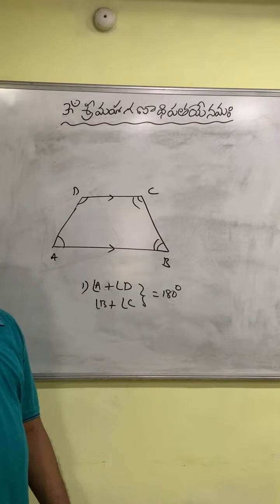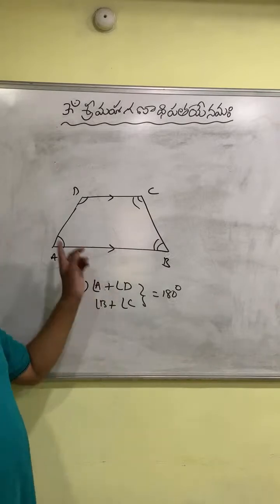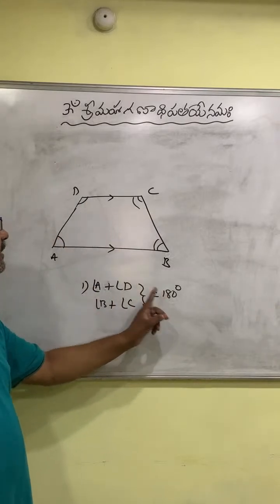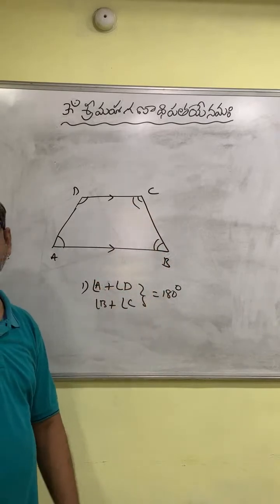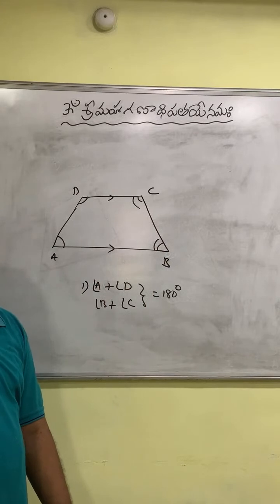So their sum is 180. So angle A plus angle D is 180. In the same way, angle B plus angle C is also 180. So that is the only property that a trapezium is having.